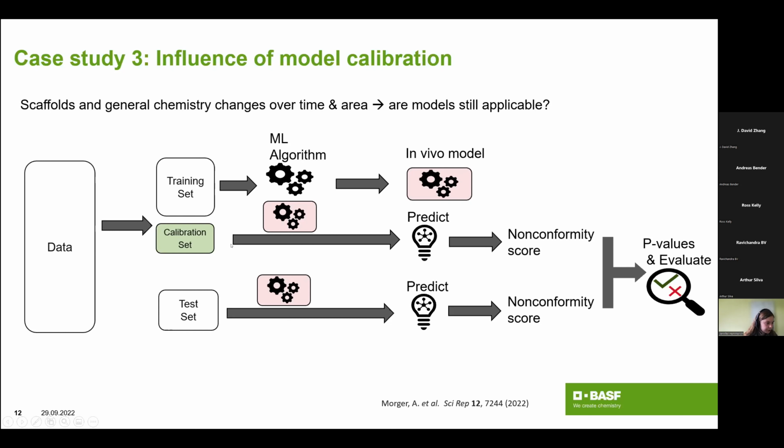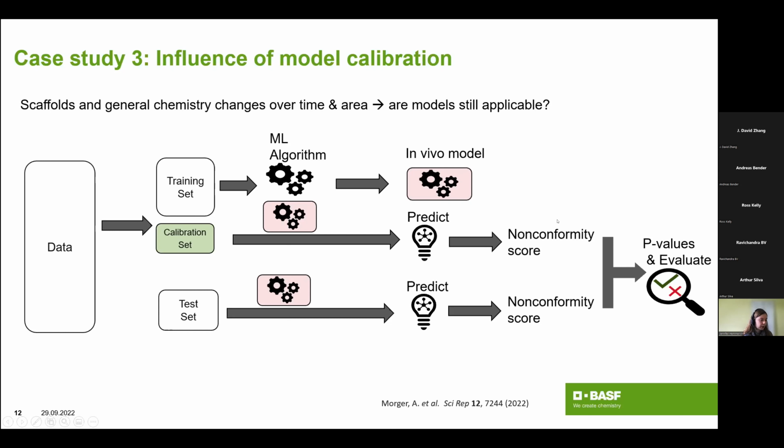This calibration set helps us to rank our predictions and to calculate something called a non-conformity score. This score is then also used to calculate the p-values that I mentioned earlier. These p-values are not the statistical significance p-values that you know from various papers, but are conformal prediction specific.